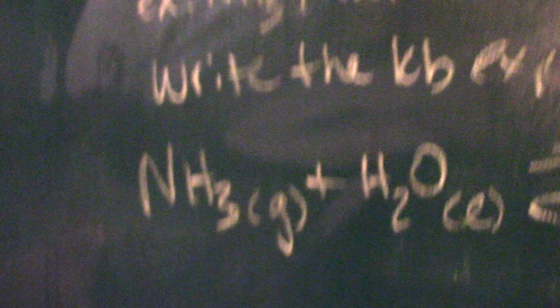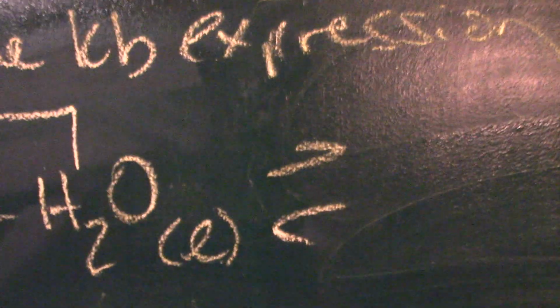So we know that ammonia is a base. So we're going to have ammonia react with water. Now, what the ammonia does is the ammonia is a proton acceptor. It's not a proton donor. Bases accept protons, right? So this ends up NH4 plus OH negative.